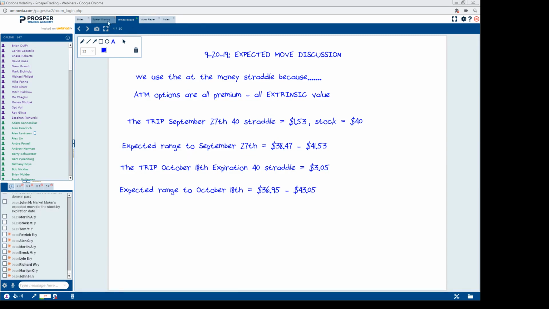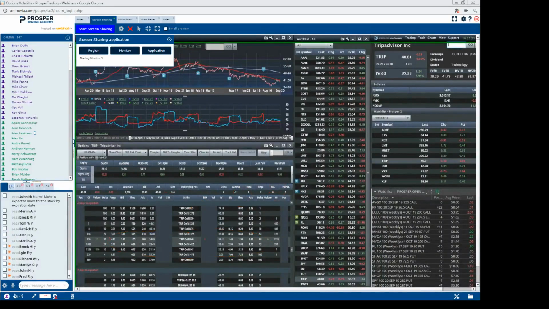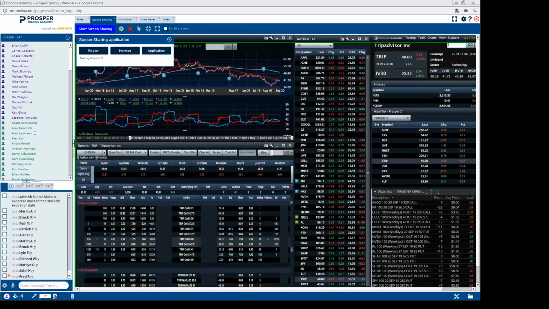Okay, why does implied volatility make a difference here? It's accounted for in option prices, okay?